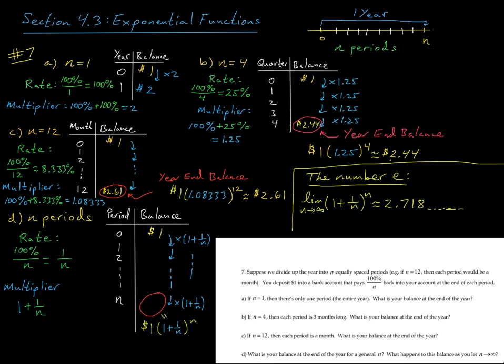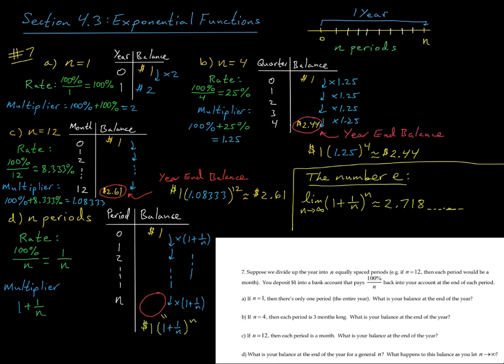This number might seem a little bit weird, but it plays a really, really central role in calculus. You're going to see this number come up in a major way if you take calculus.